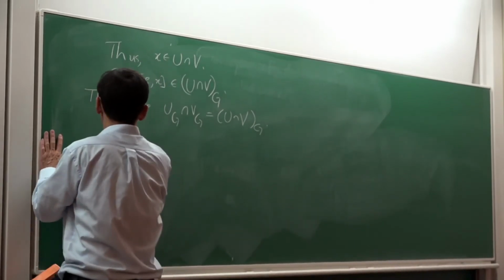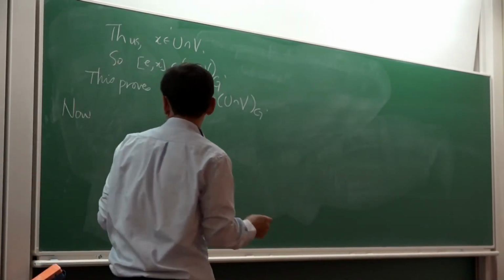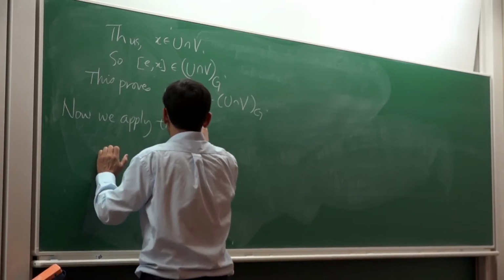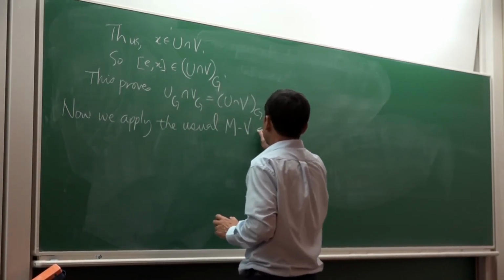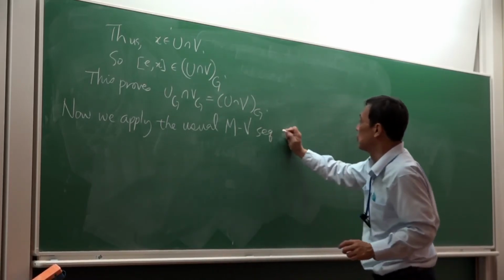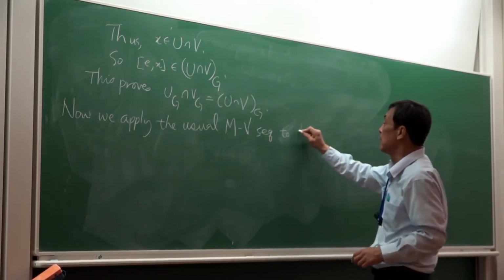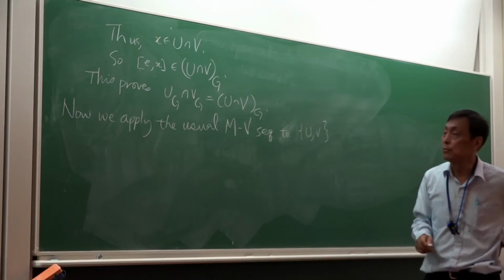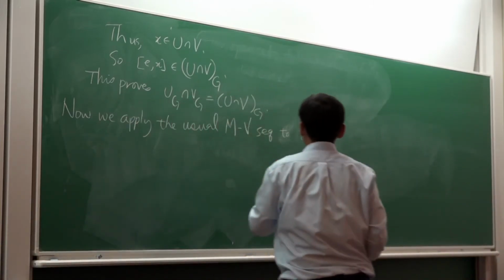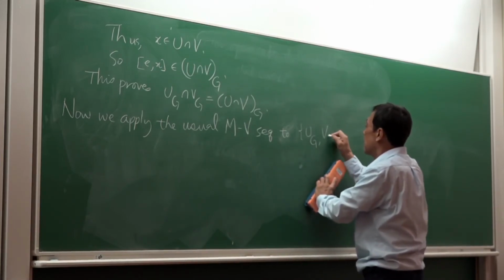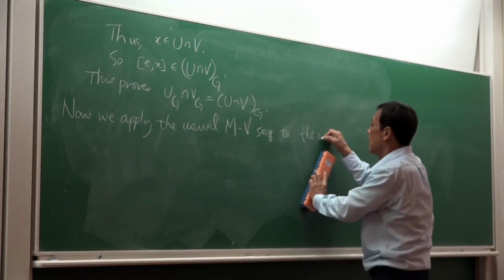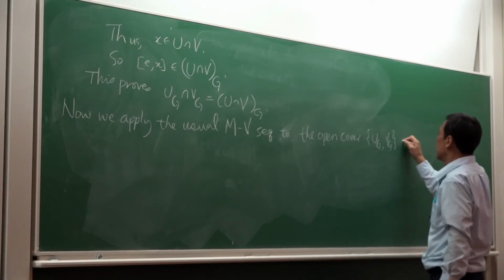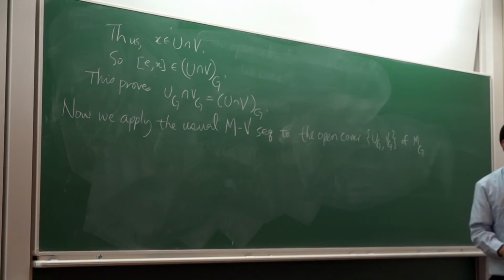So now we apply the usual Mayer-Vietoris sequence to the open cover U_G, V_G of M_G, right?